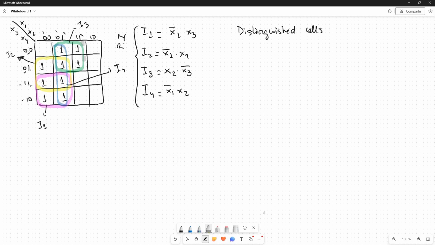This cell here is covered only by implicant 2. This cell here is not a distinguished cell because it's covered by several groups. So the remaining distinguished cell is this one that is covered only by implicant 1.